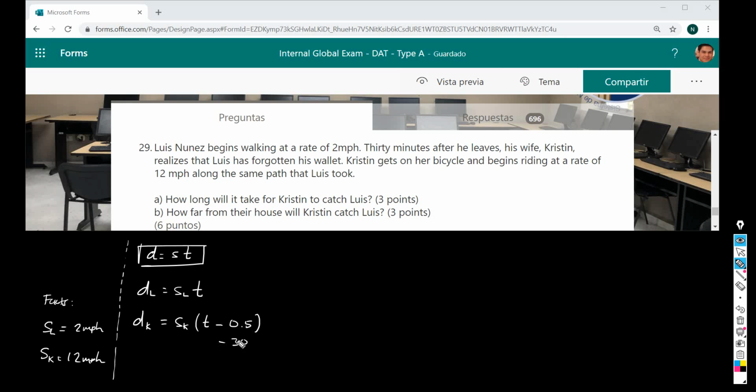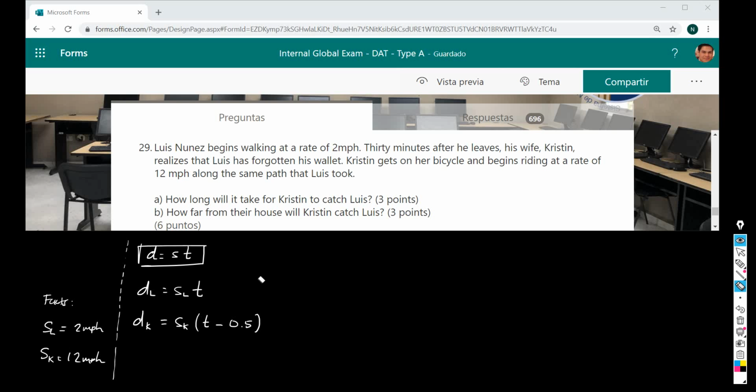Why minus 0.5 and why not minus 30? A lot of people wrote minus 30. Well, because it says 30 minutes, you have to translate that into hours, which is minus 0.5, which is the way we did it in class. Why? Because the speeds are given in miles per hour. So you're managing hours.